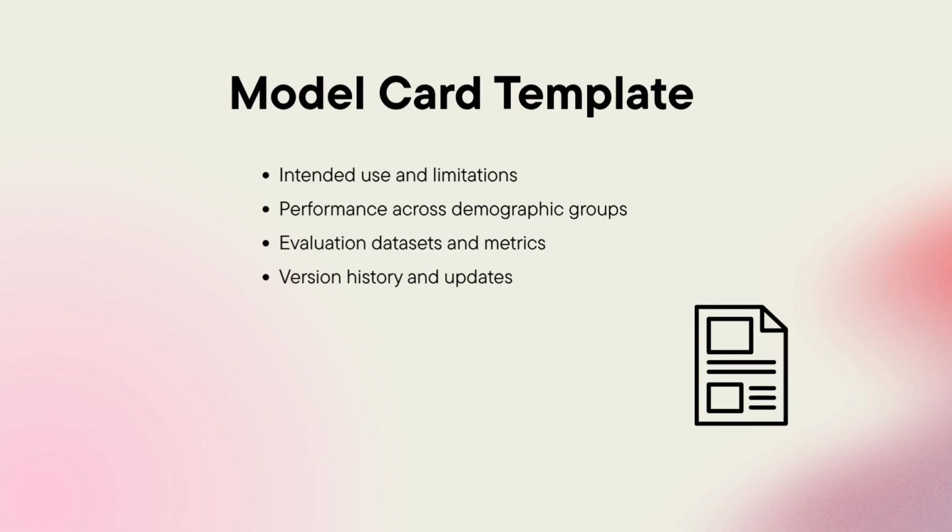Third, it documents evaluation datasets and metrics so users understand how the model was validated. Finally, it includes a version history, tracking how updates or retraining may have changed the model. This living document helps organizations manage risk and ensures stakeholders have a transparent view of how the model evolves over time.